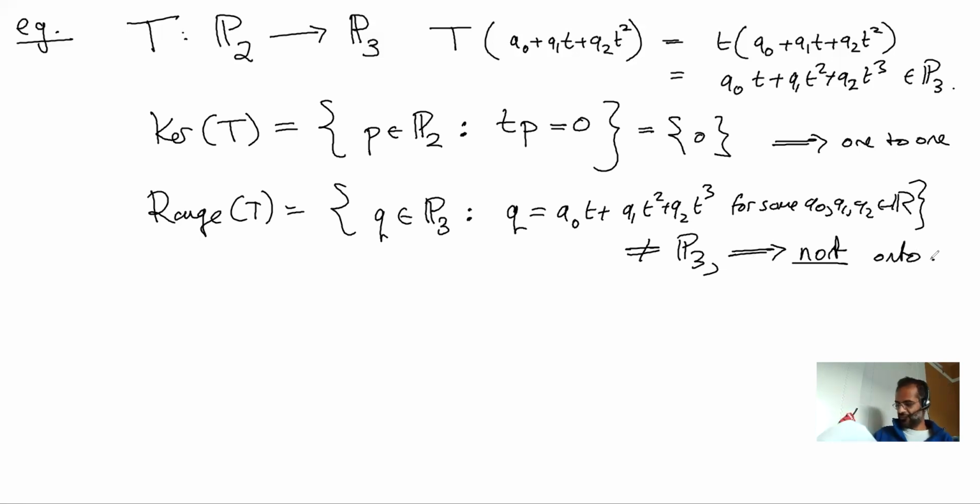It's the same concept as before. Any questions about these examples? Can you repeat why it is not equal to P3 again? Oh, so in particular, any constant polynomial is not in this set. Like let's say the polynomial 1.